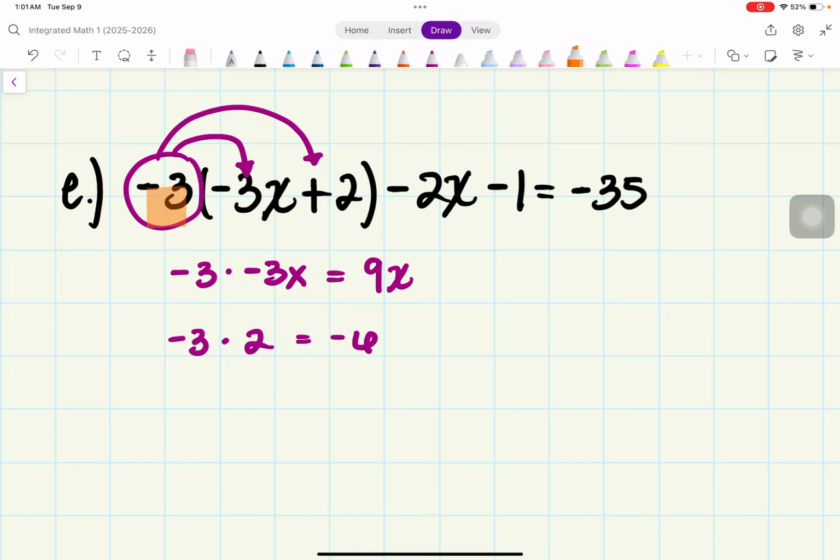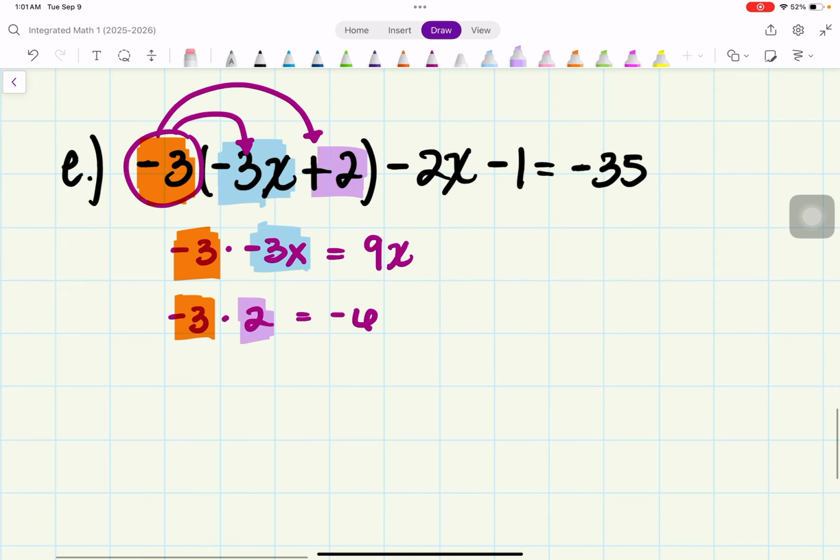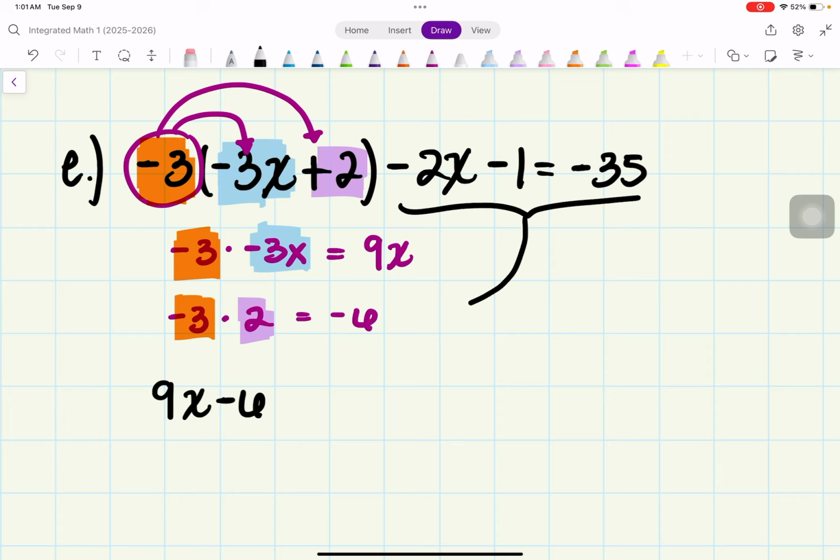Once again, the negative 3 came from here, this negative 3x came from there, and the 2 came from here. So we're going to rewrite this now. I have a 9x minus a 6, and then we're going to bring all of this down. Minus a 2x minus a 1 is equal to a negative 35.